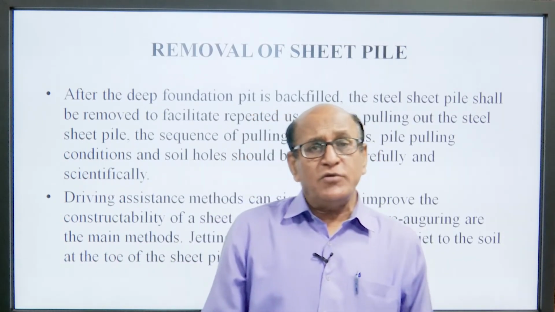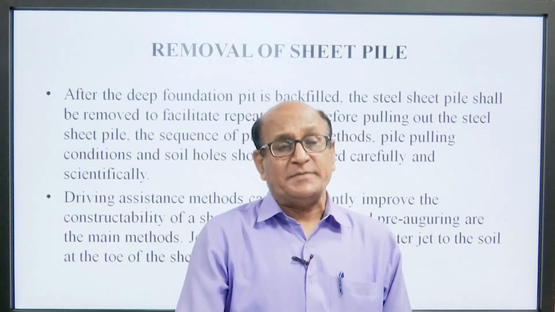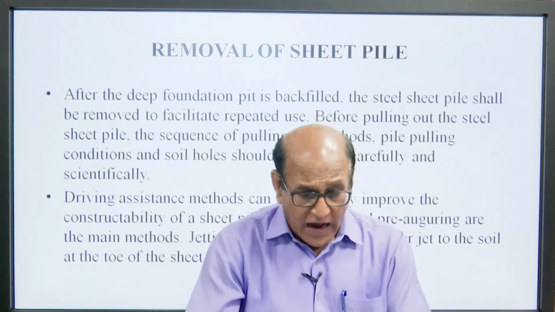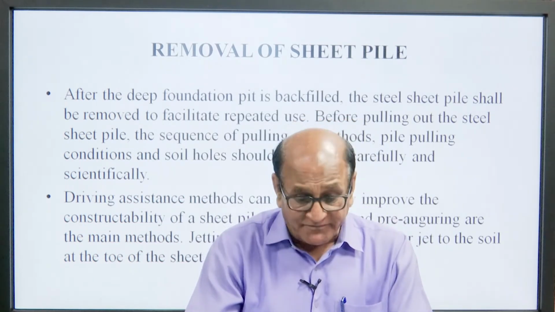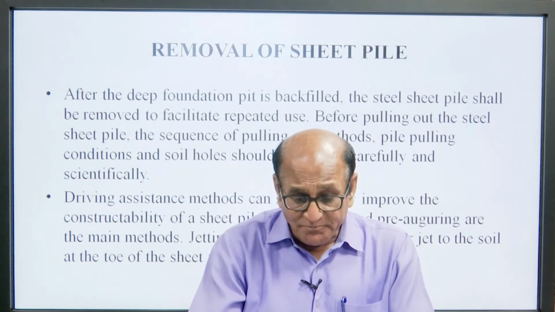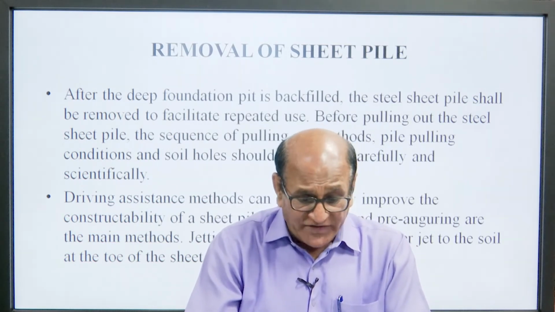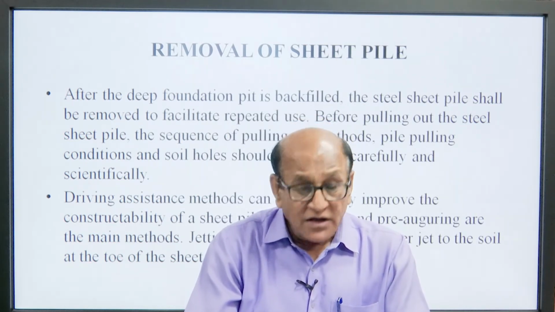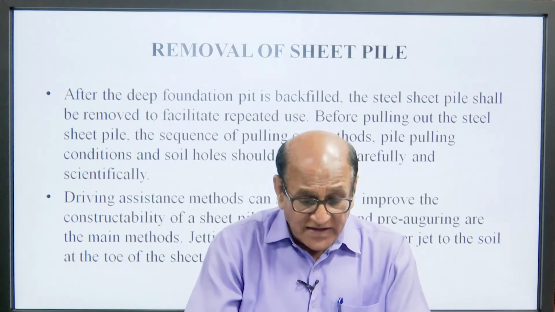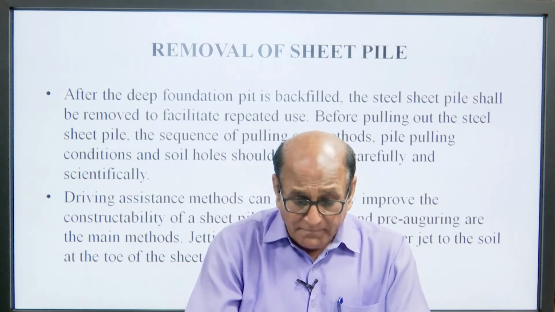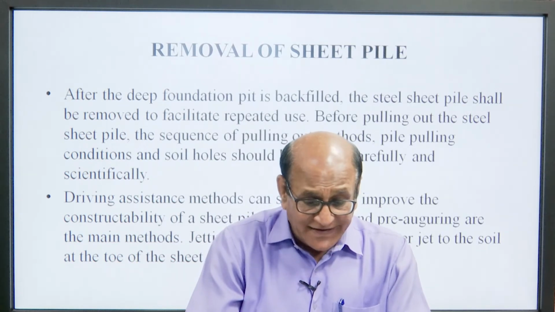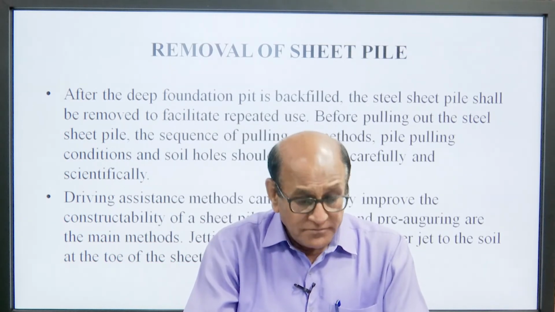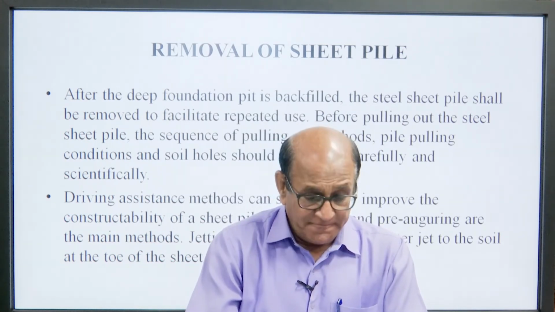We can think, because we are using costlier sheet piles, whether they could be removed or not. After the deep foundation pit is backfilled, the steel sheet pile shall be removed to facilitate repeated use. Before pulling out the steel sheet pile, the sequence of the pulling method, pile pulling conditions and soil holes should be studied carefully and scientifically.